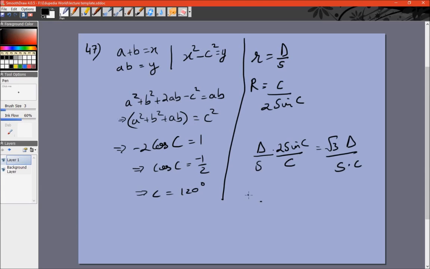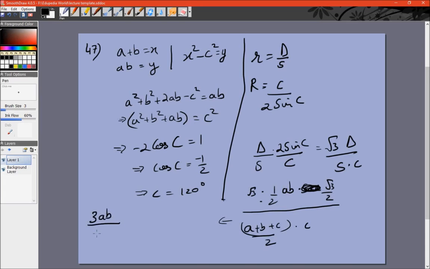We can simplify this more as root 3 times delta, which we can write as half ab sin C, where sin C is again root 3 by 2, divided by s into c. s is a plus b plus c by 2, into c. What does this become? Root 3 into root 3 is 3 by 4, so we get 3ab by 4, but we multiplied by the 2 here, so we get 3ab by 2c times a plus b plus c.